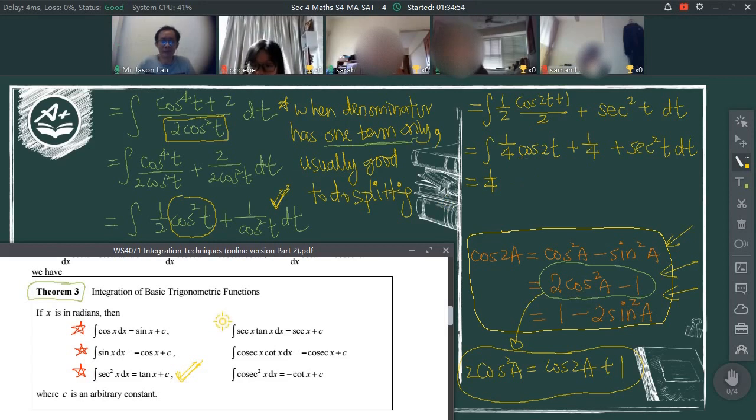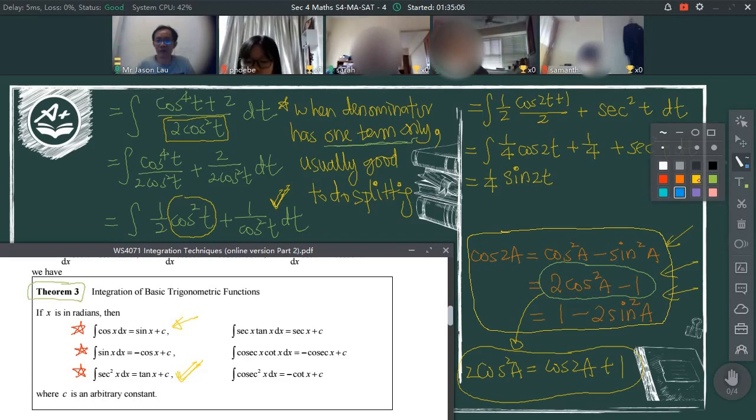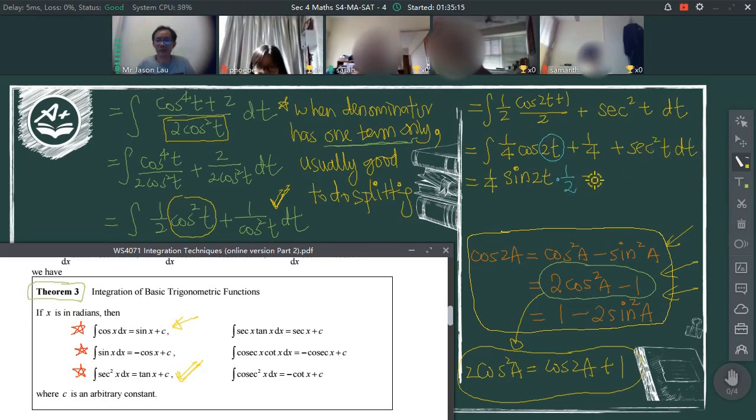Then cosine, integrate is sine. Okay, then be careful of the angle. The angle is not the usual one. It's a 2t. So we multiply a half. Then 1/4 is 1/4 t.